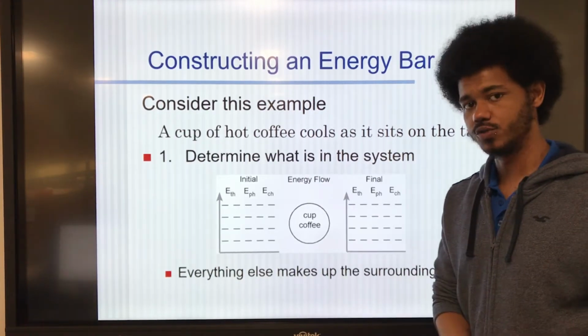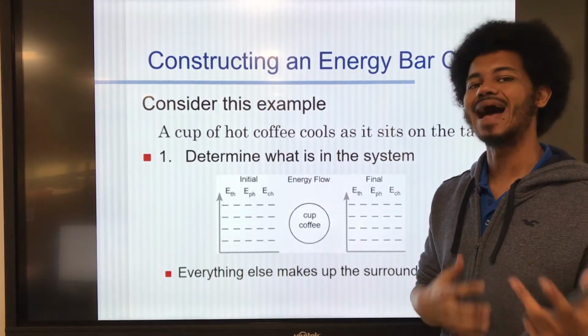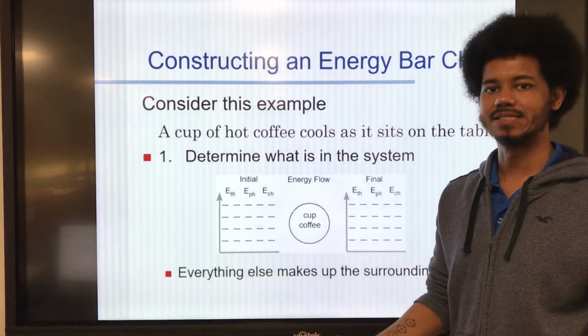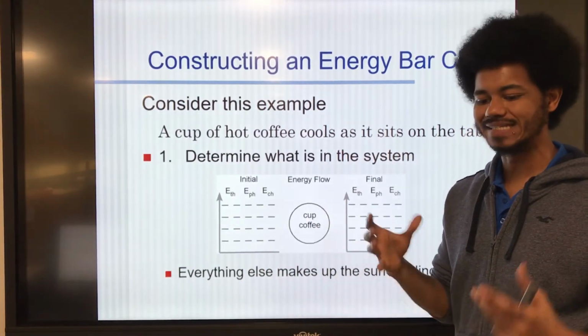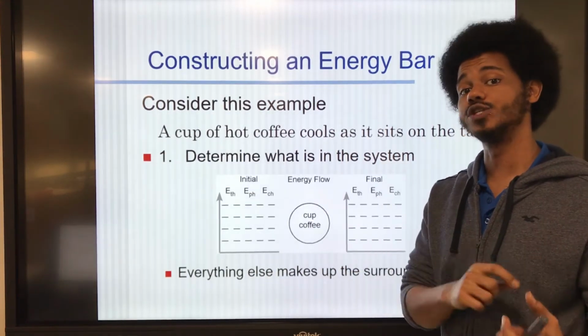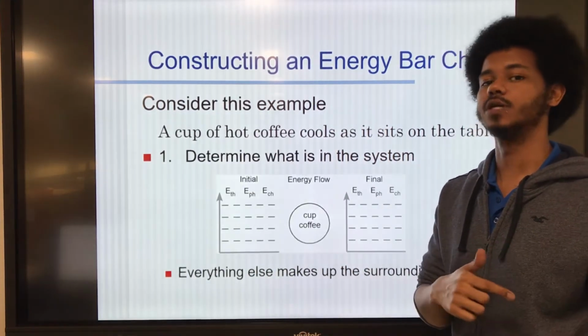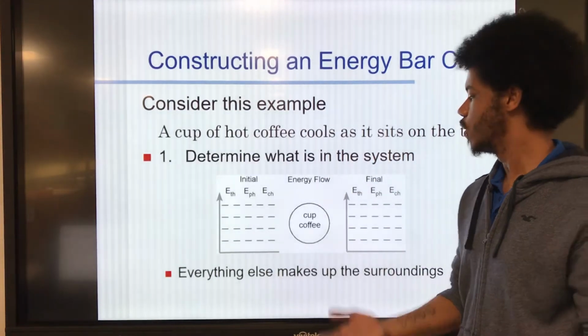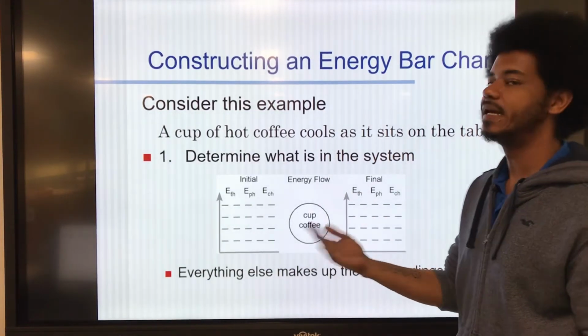The first thing we want to do is determine what our system is in this example. What is the substance that we are analyzing to see energy going into or out of? In this particular case, we're looking at the coffee itself.